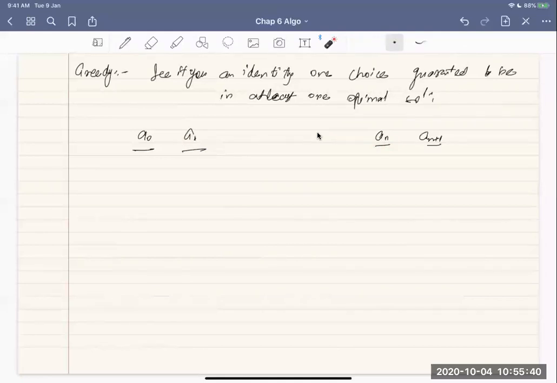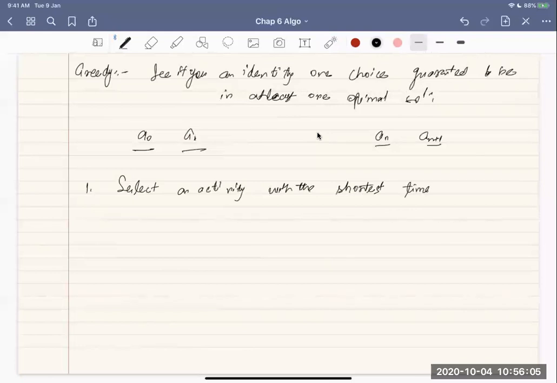Property can be things like, let's write down some: select an activity with the shortest time, Fi minus Si, it's the smallest.